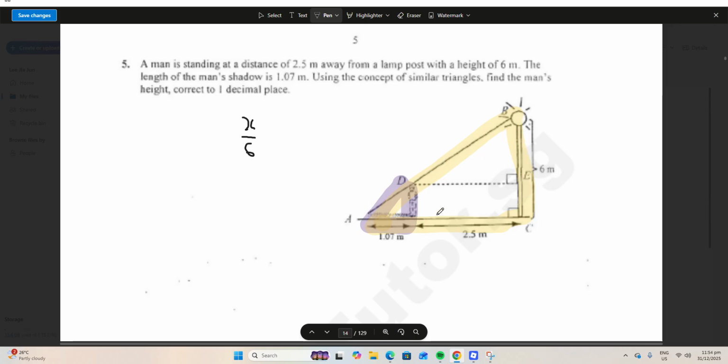This and this are the corresponding sides, because the angle here is the same, and this is both 90 degrees. It equals, over here, this side of the triangle, the small one, which is x over 1.07. Why did I put 1.07 at the top? Because the top must be the small triangle, which is the man's height and this small triangle length. And then 6, which will be this.